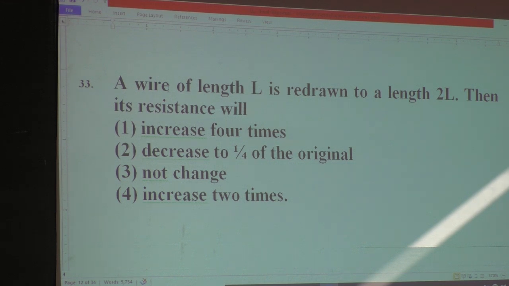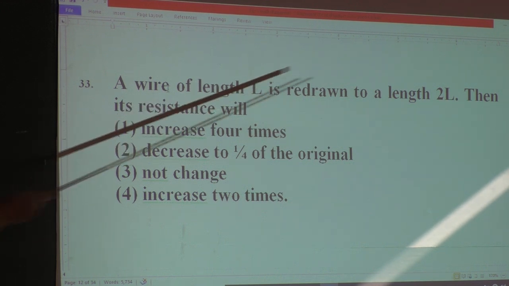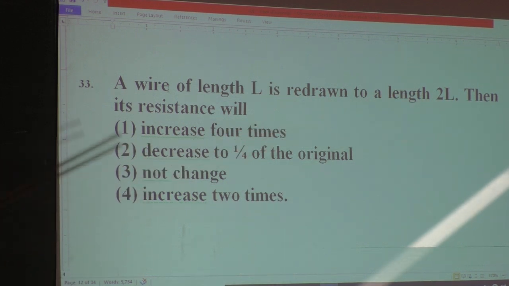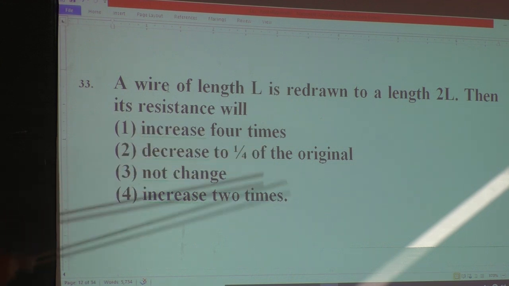In the previous class we have been doing this very rigorously. So when the length is doubled, n is 2, n square is 4, so the new resistance is 4 times the old resistance.